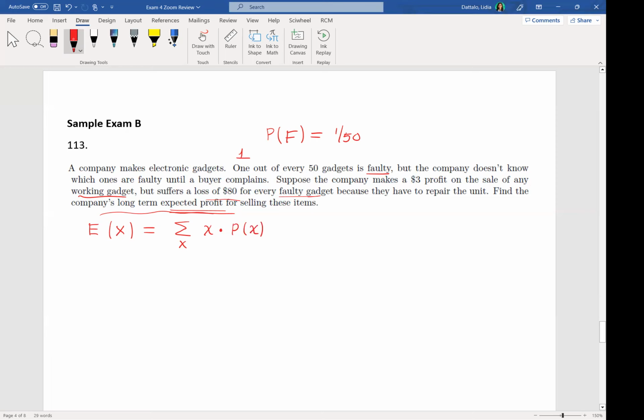So now I'm going to create a table that will help me answer this question, so I can multiply, add, and do all that good stuff I need to do.